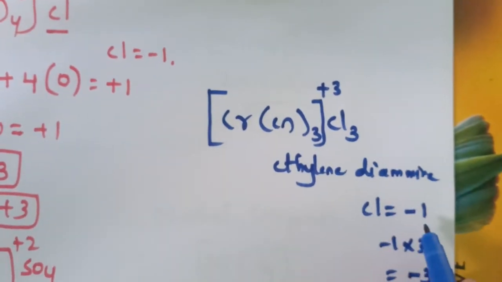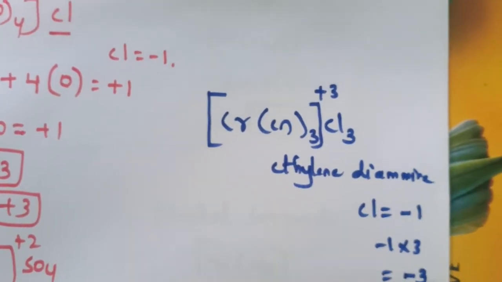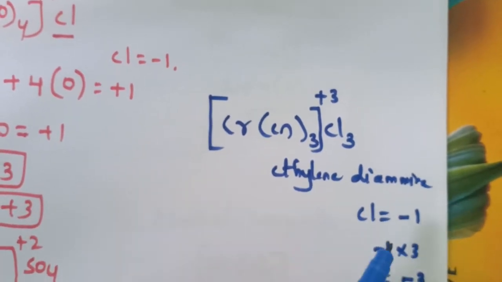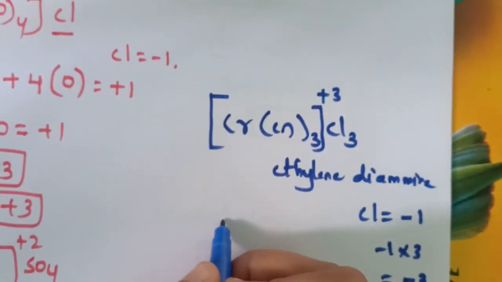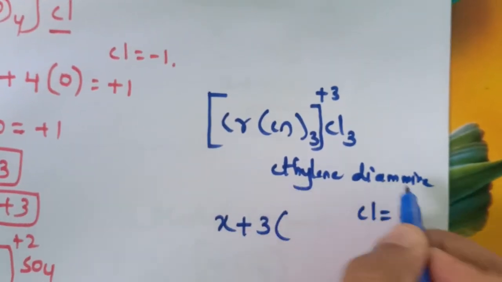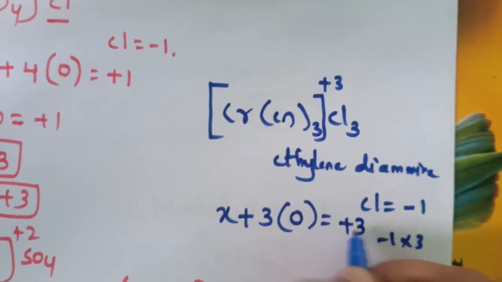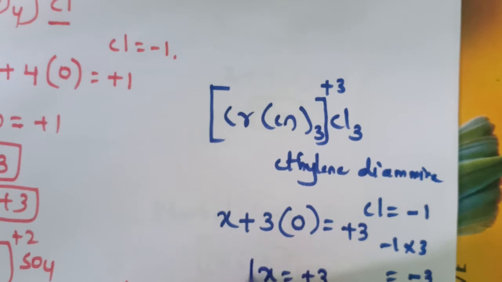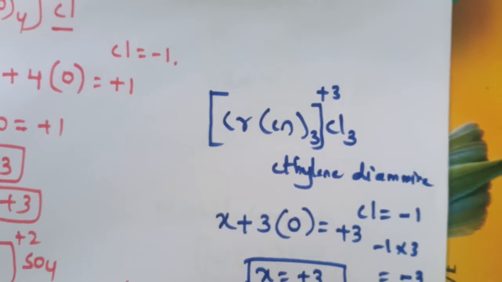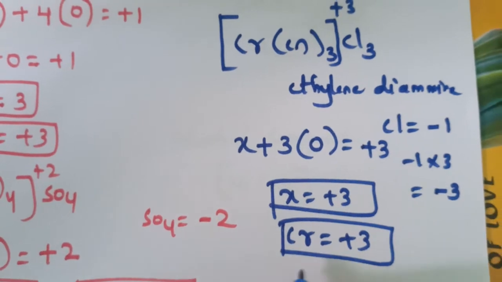Here Cr we don't know, so let's consider it as X plus 3 into 0, since ethylene diamine is neutral, equals plus 3. That is, X equals plus 3. So Cr has the oxidation number plus 3.